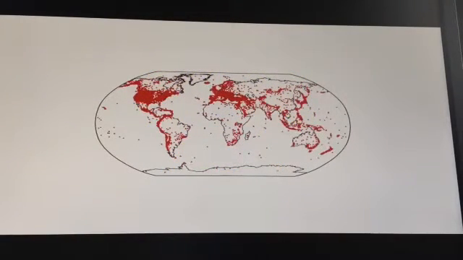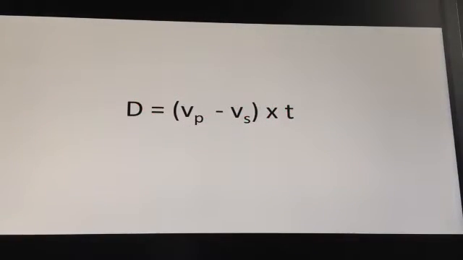A network of seismometers around the world monitor seismic waves, and they can be used to pinpoint the epicenter of earthquakes. By measuring the time difference between the arrival of the P and S waves from the seismograph, the distance to the epicenter can be calculated.